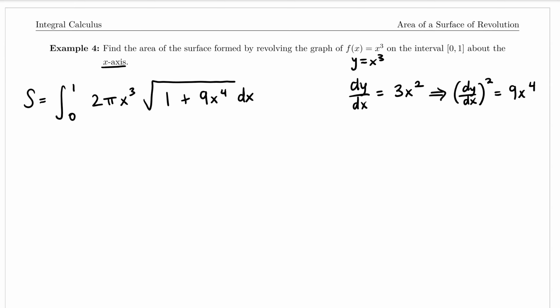Now, we need to actually solve this integral now. How are we going to do that? Let's use u substitution. I'm going to let u equal 1 plus 9x to the 4th power. Then du will equal 36x cubed dx. I'm going to divide both sides by 36.